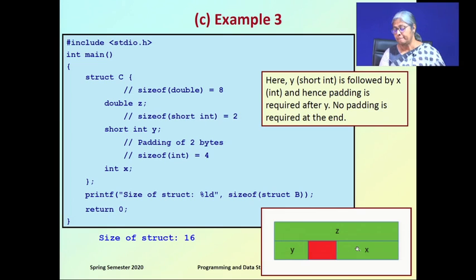We may start x from here, then padding can also be here, but the rule of padding is that if a member variable of smaller size is followed by one of larger size, then it is padded. So, that is why padding will be here, not at the end, but the size of the structure is the same, it is 16. Okay.